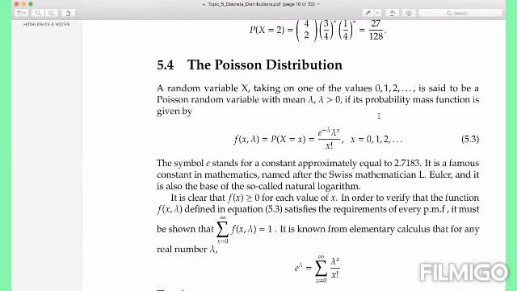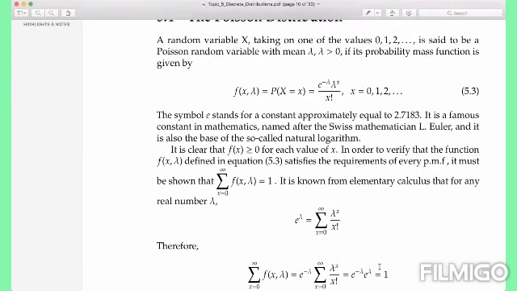And then the mass function is given like this, where this exponential can be approximated like this. Now this is a Poisson, and we can show that it is indeed a mass function by summing all these probabilities from x equals 0 up to infinity, and then we see whether we can get one.